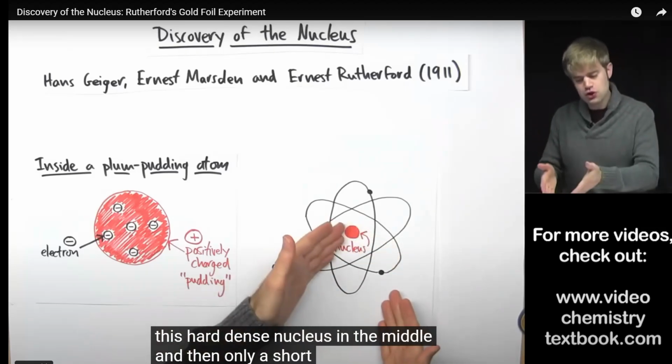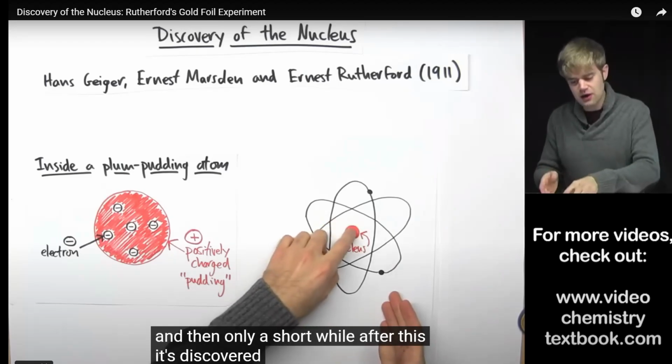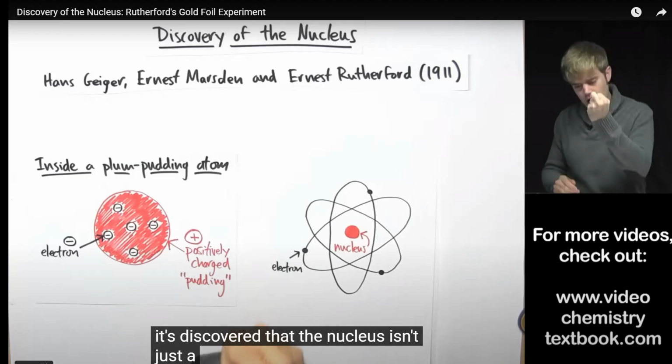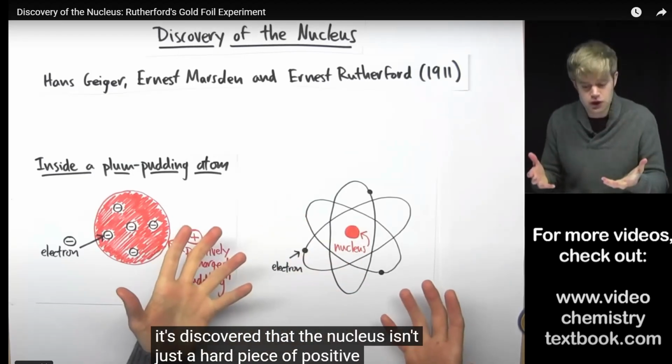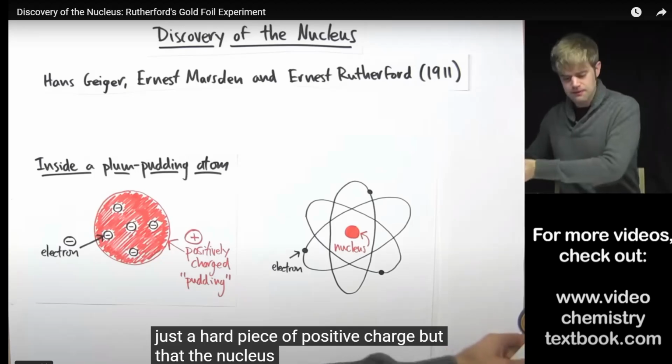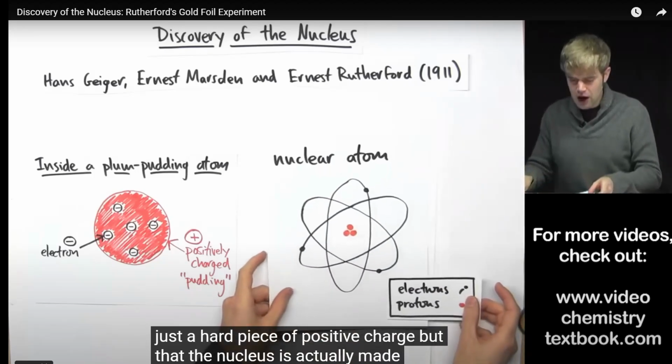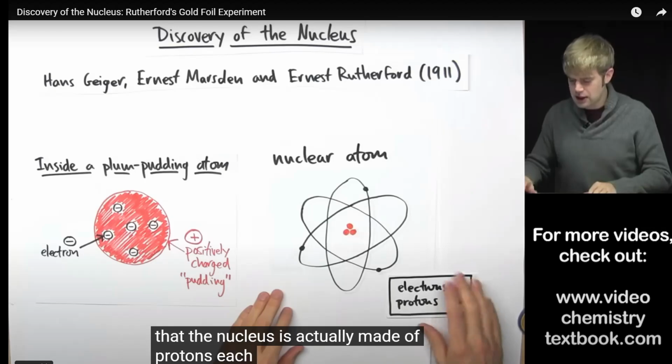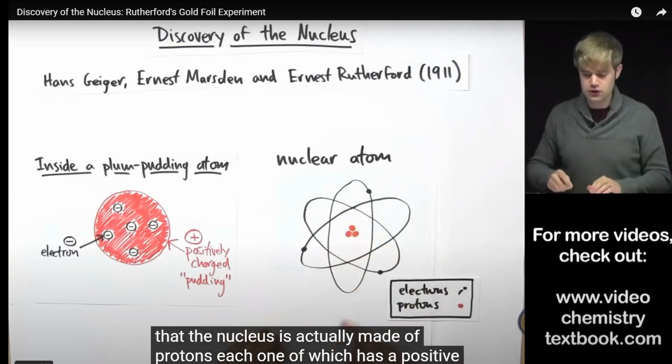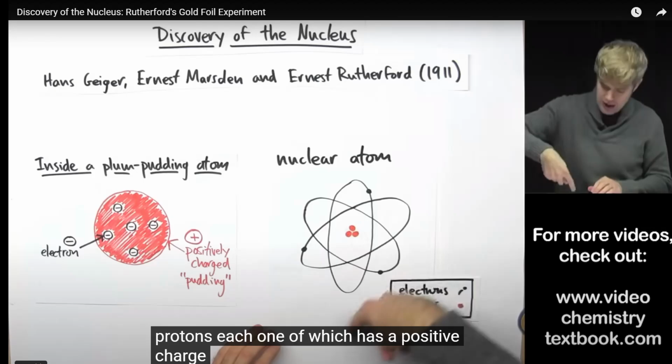And then only a short while after this, it's discovered that the nucleus isn't just a hard piece of positive charge, but that the nucleus is actually made of protons, each one of which has a positive charge. And then later on, they discovered the neutrons.